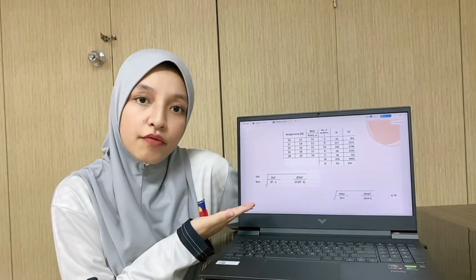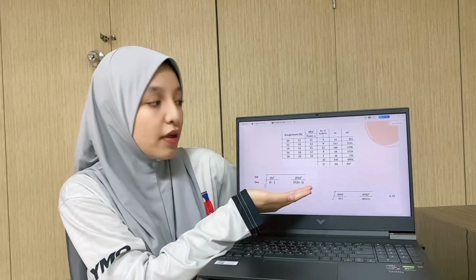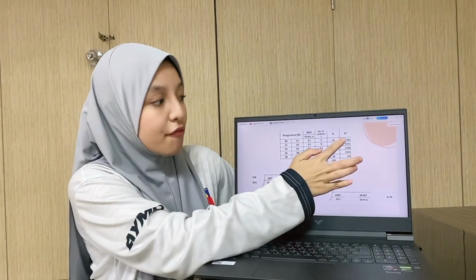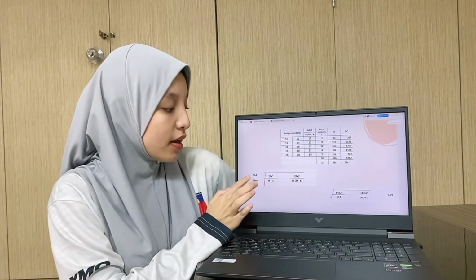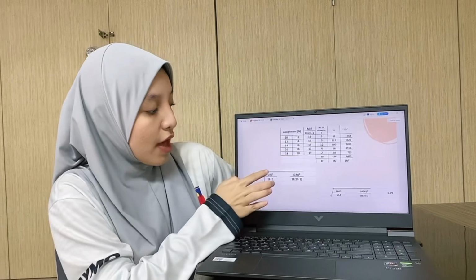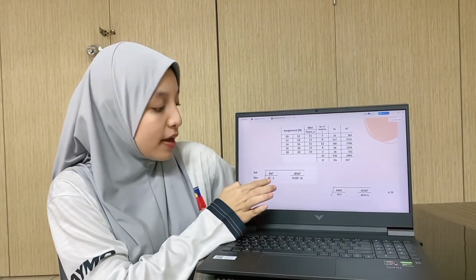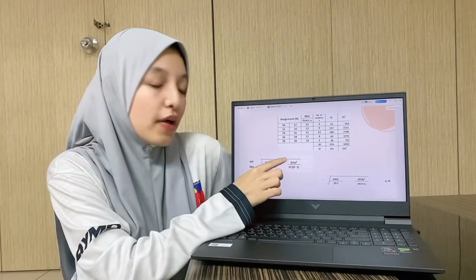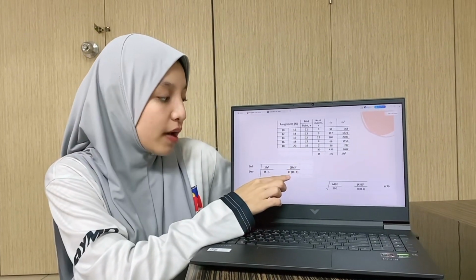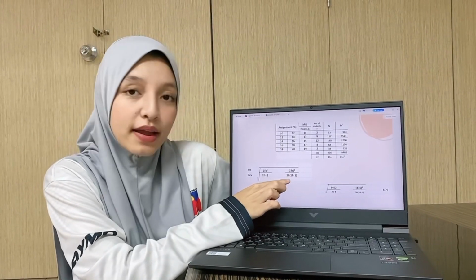Next, for standard deviation, from the table above we can see that we need to find the value of fx and fx squared. Here the formula is given, which is square root of the sum of fx squared over the sum of f minus 1, minus the square of the sum of fx divided by the sum of f in the bracket, sum of f minus 1.